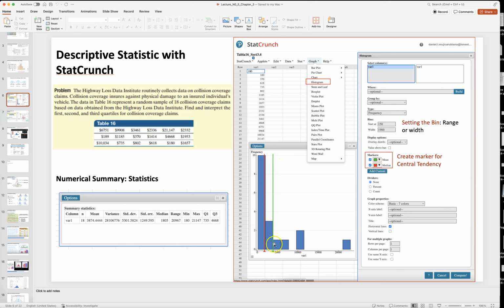So if this is the mean value, for instance, this value here is one standard deviation from the mean. But this one is more than 3 standard deviations from the mean. It's almost 4, because this outcome is 20,000.